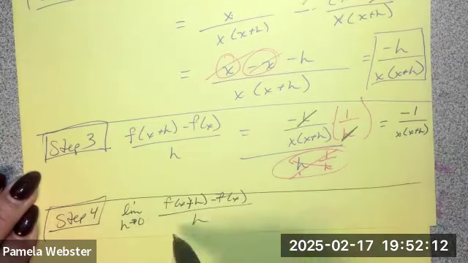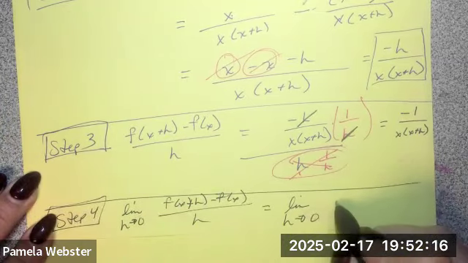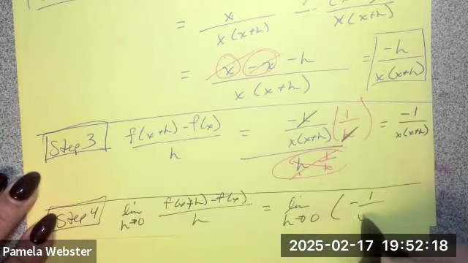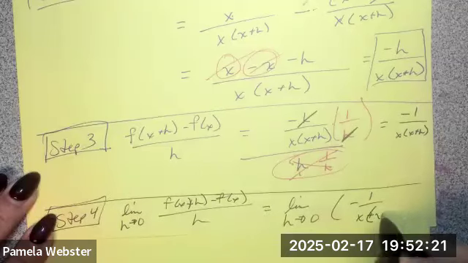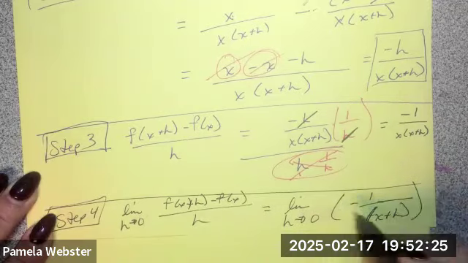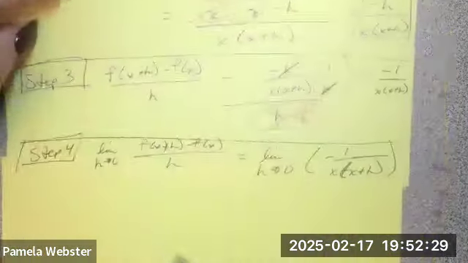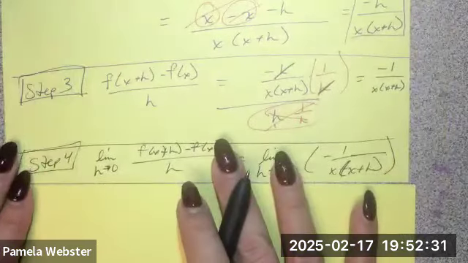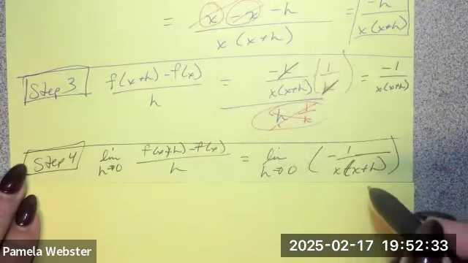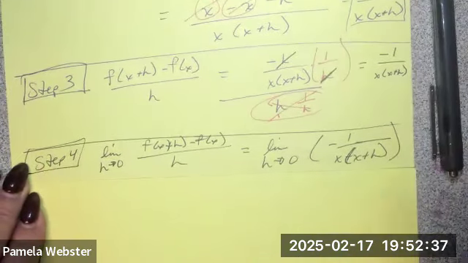Okay, take that limit as h goes to 0 of all this stuff. Before I go through and plug in h equals 0, though, I kind of want to make this prettier. You can do it wherever you want to, but I want to make this a little bit prettier.